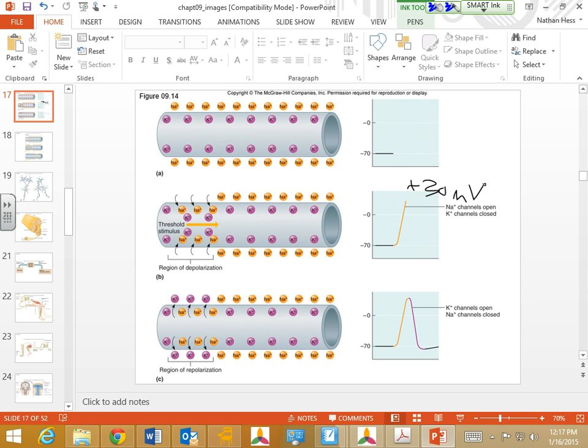You're back at that minus 70, ready for the next time the brain says, send it again, do it again. Okay? So, again, short answer-wise, be able to walk through that process of what happens in the neuron with the numbers, with the ions, moving it along.